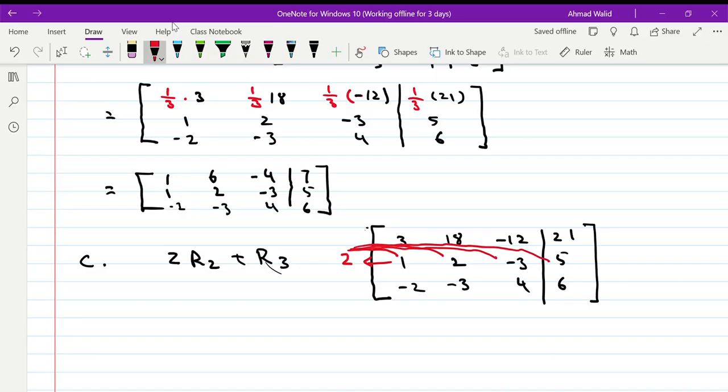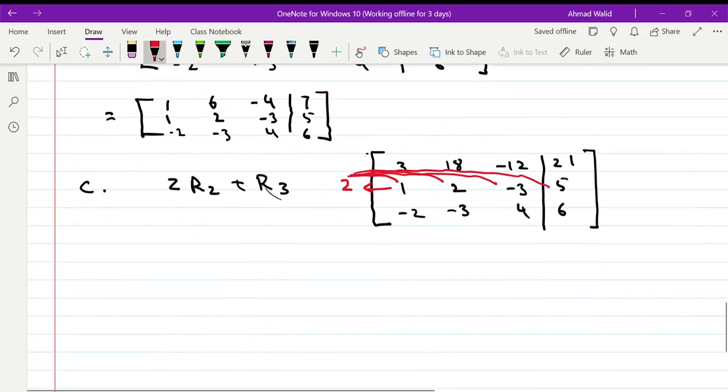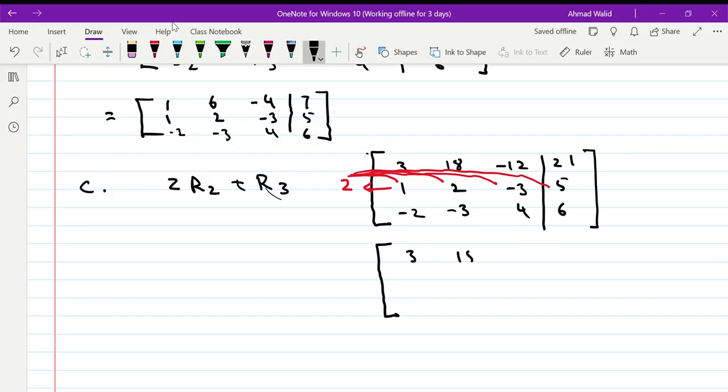But before multiplying, write a new matrix. Do I touch row 1? Definitely no. I'll copy my row 1. Do I bring a change in row 2?